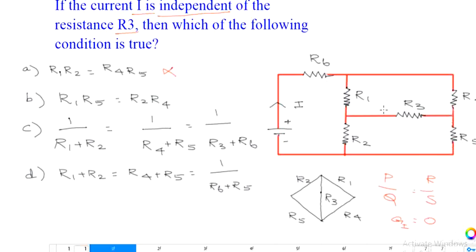This is also series, this is also series, you can connect parallel, but this relation seems to be not correct, and this relation also seems to be not correct. Therefore, you have to compare and find out the relation, and then this relation is correct.